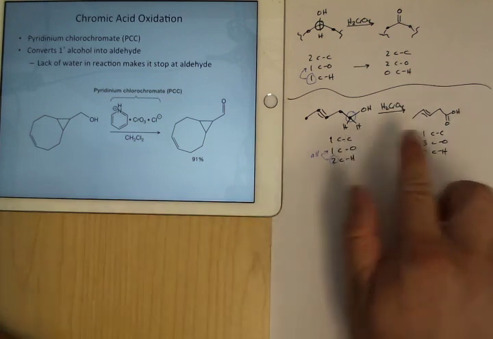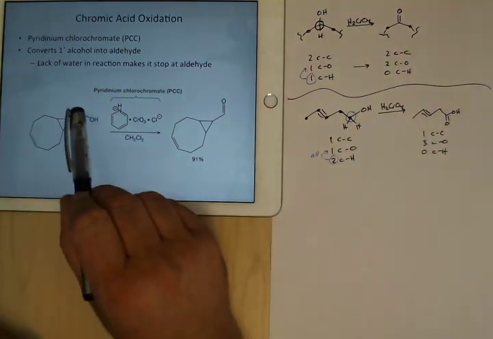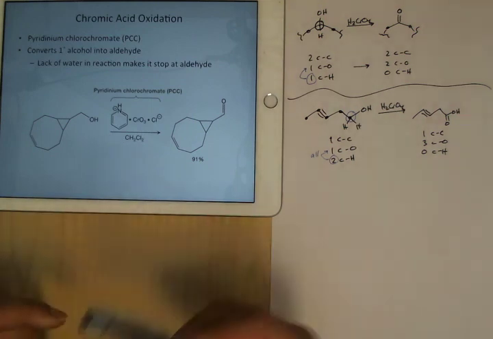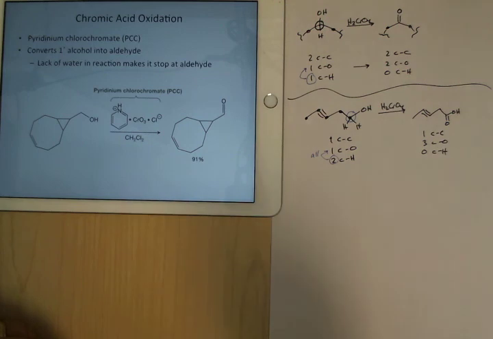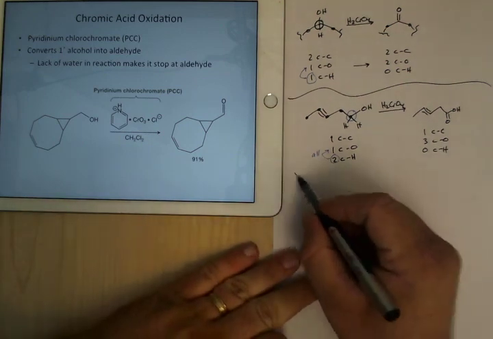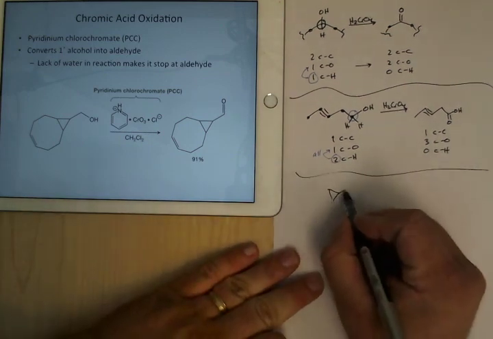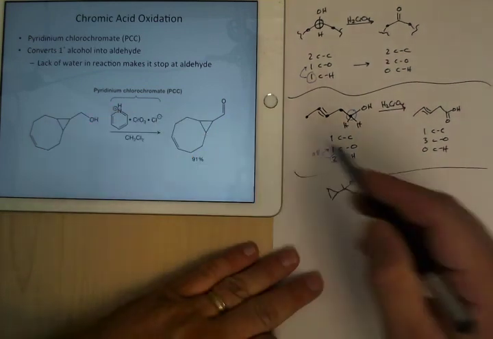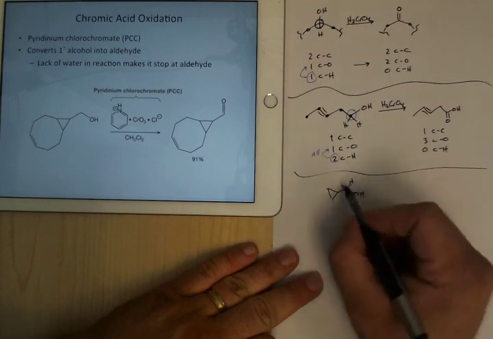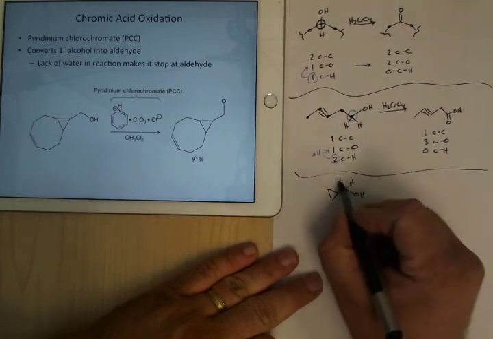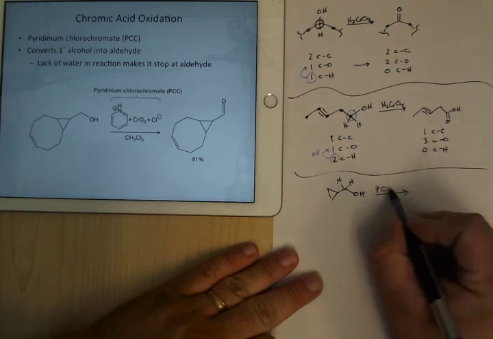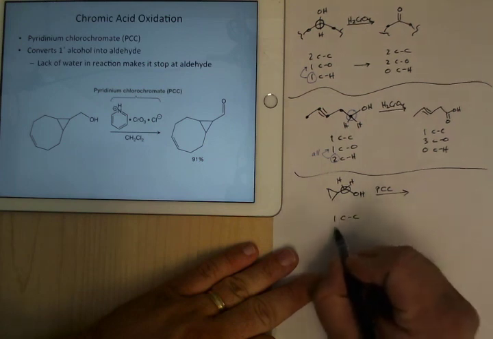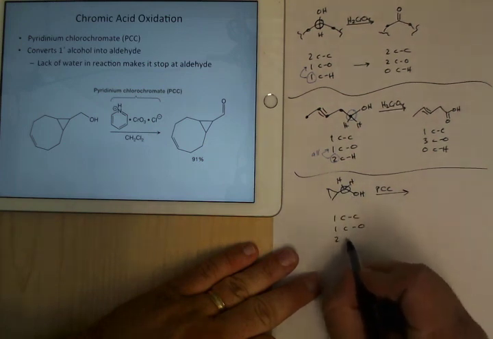Now if you needed to stop at the aldehyde, you can use this compound called PCC, which will only do one step. I'm just going to draw the cyclopropane here. With the PCC, this carbon has 1 carbon-carbon bond, 1 CO bond, and 2 CH bonds.